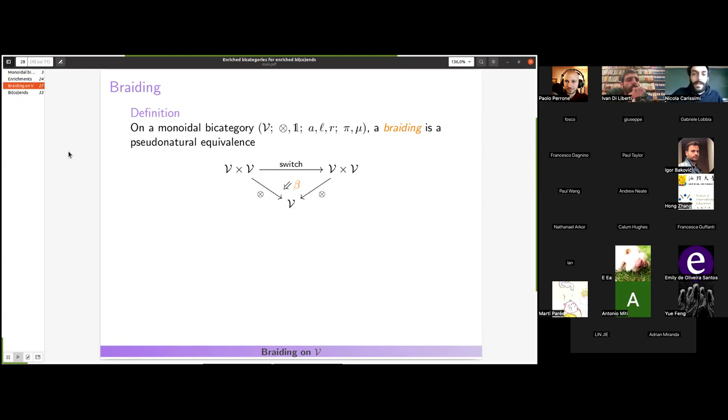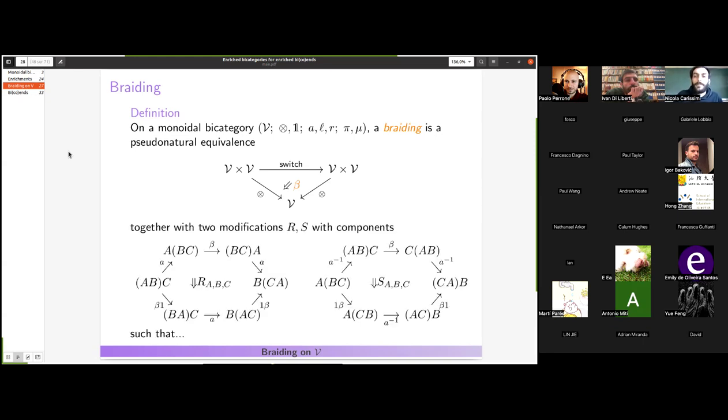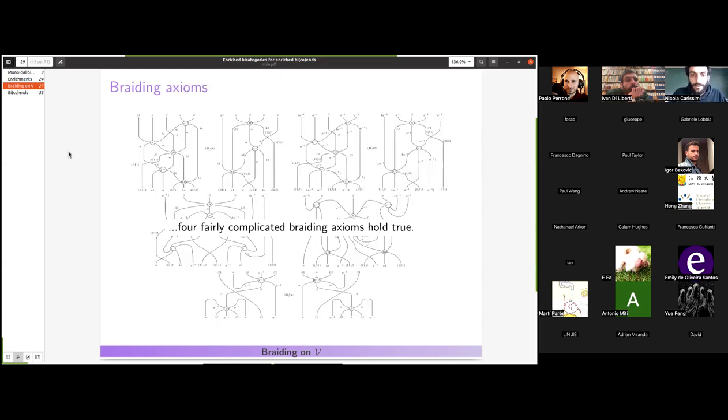Now we are in a monoidal bicategory, and I think you'd guess that at this point these axioms will become further structure. So the structure of a braided monoidal bicategory will be two modifications, R and S, whose components fit these two hexagons themselves. R and S satisfy some axioms. The axioms of braiding are huge and fairly complicated; these are the four.